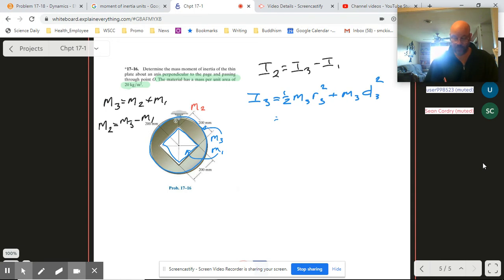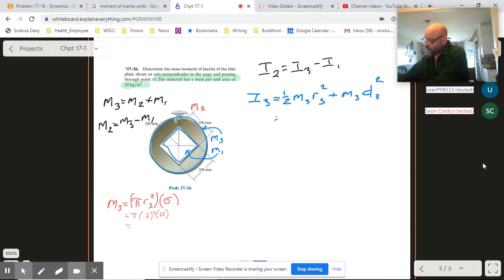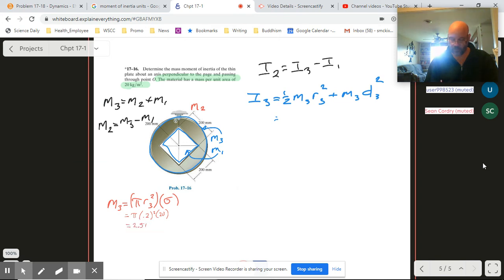So M3 is going to be the area of the disk, pi R3 squared, times that surface mass density term, sigma. So this is going to be pi times 0.2 squared times 20. And when I calculated this earlier, the number I got was 2.513, and that's just kilograms.